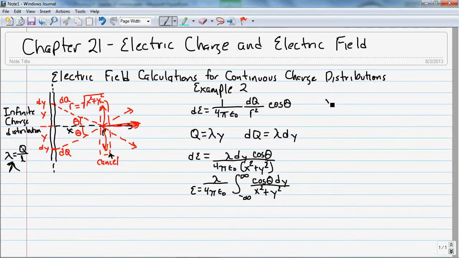If I take y equal to x times tangent of theta, that's just the definition of the tangent function based on this triangle, and I take the derivative of y with respect to theta, that's just going to equal x, which is just a constant at this point, divided by cosine squared theta.